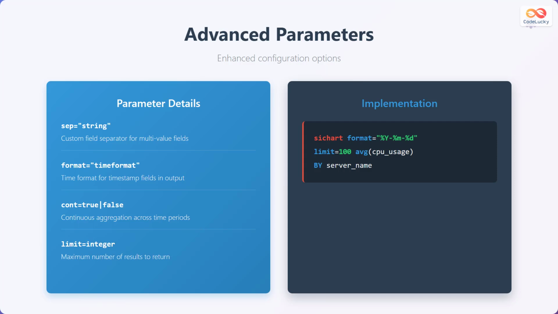The limit parameter sets the maximum number of results to return, helping manage performance and output size. Here's an implementation example: sichart format=%y-%m-%d limit=100 avg(cpu_usage) by server_name. These parameters provide fine-grained control over how your statistical data is processed and presented.